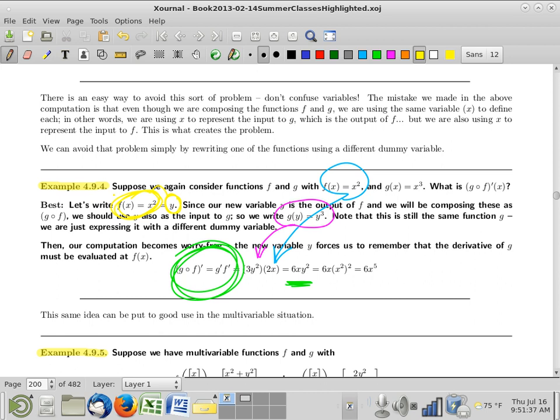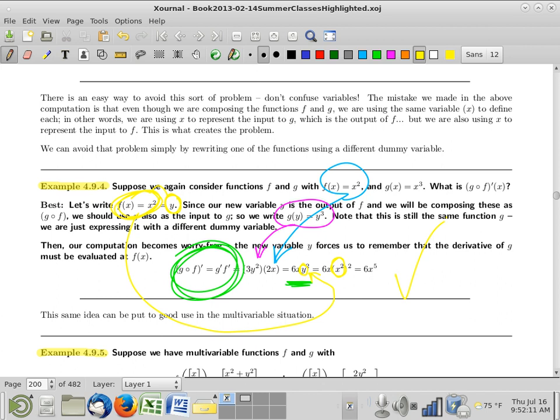The variable choices are keeping track for me of what's supposed to be evaluated where, and that goes into where y should be, and correctly puts the x squared there, thus giving me the correct final answer. So this is my preferred point of view on how to avoid evaluating in the wrong place and getting wrong answers due to understandable sloppiness in writing down the chain rule. Don't confuse your variables.